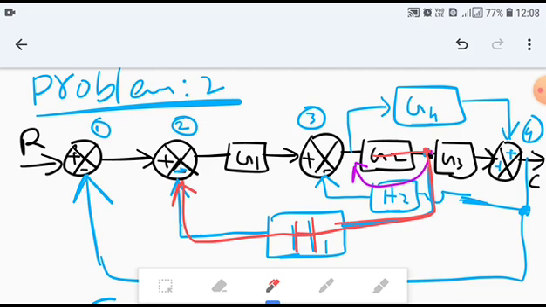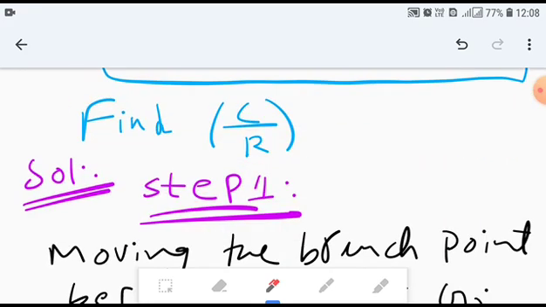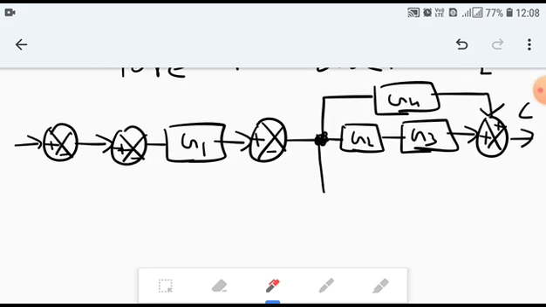I am drawing, you can see here, I will just erase this. So when we are taking the takeoff point between G2 and G3, the gain of G2 is also added to this. But when we moved the takeoff point from between G2 and G3 to before G2, we are not getting the gain of G2 if you don't make any adjustment.